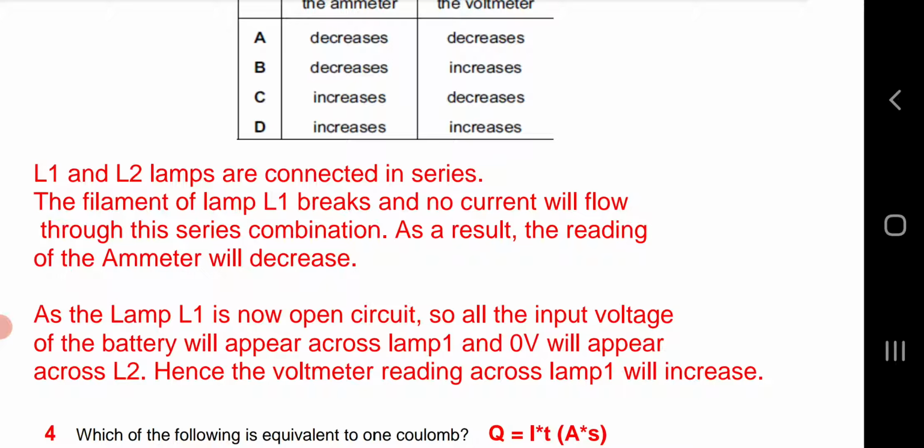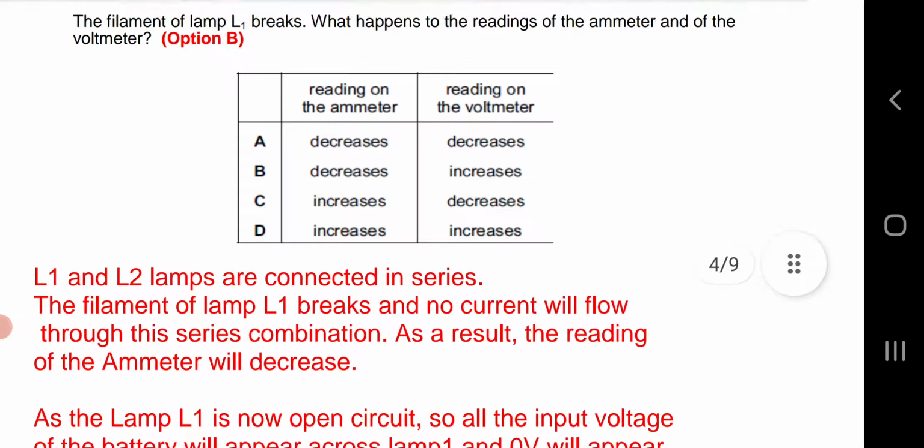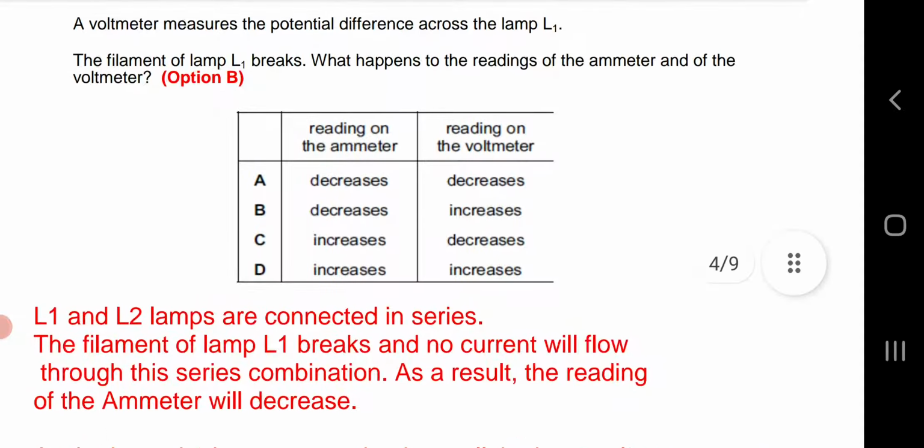Hence the voltmeter reading across lamp 1 will increase, and in fact it will show all the input voltage. So option B is the correct option. The reading on the ammeter will decrease, whereas the reading on the voltmeter will increase.